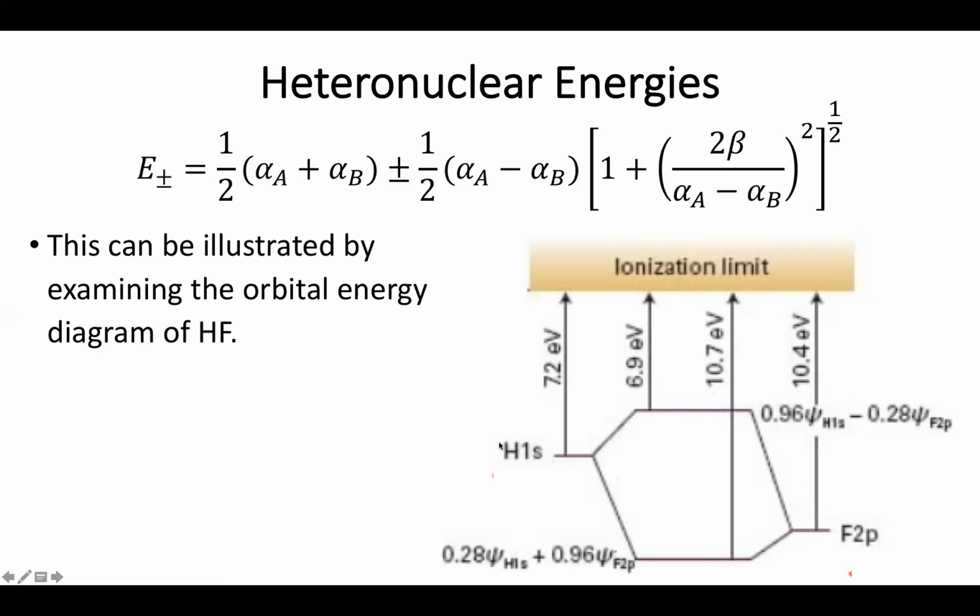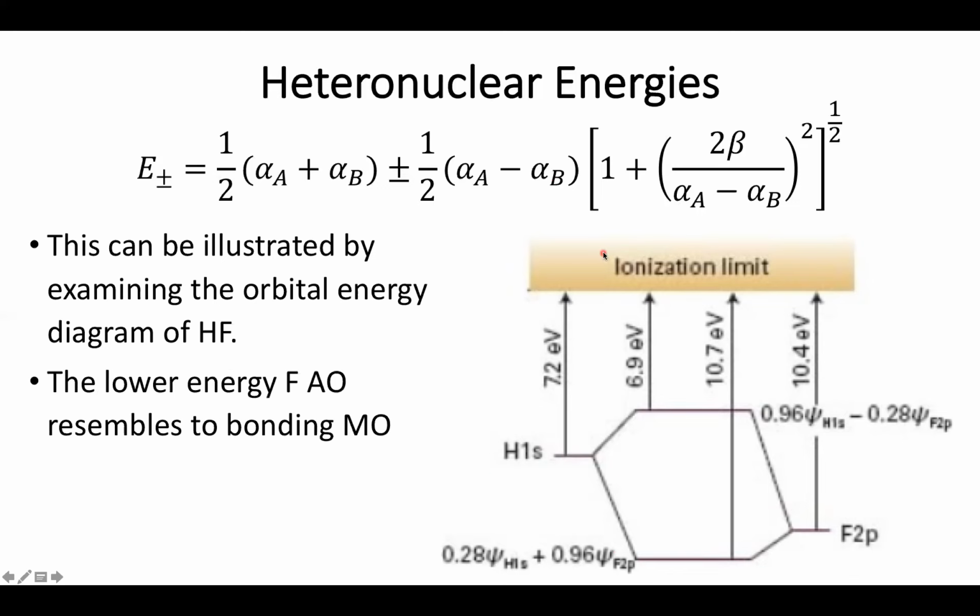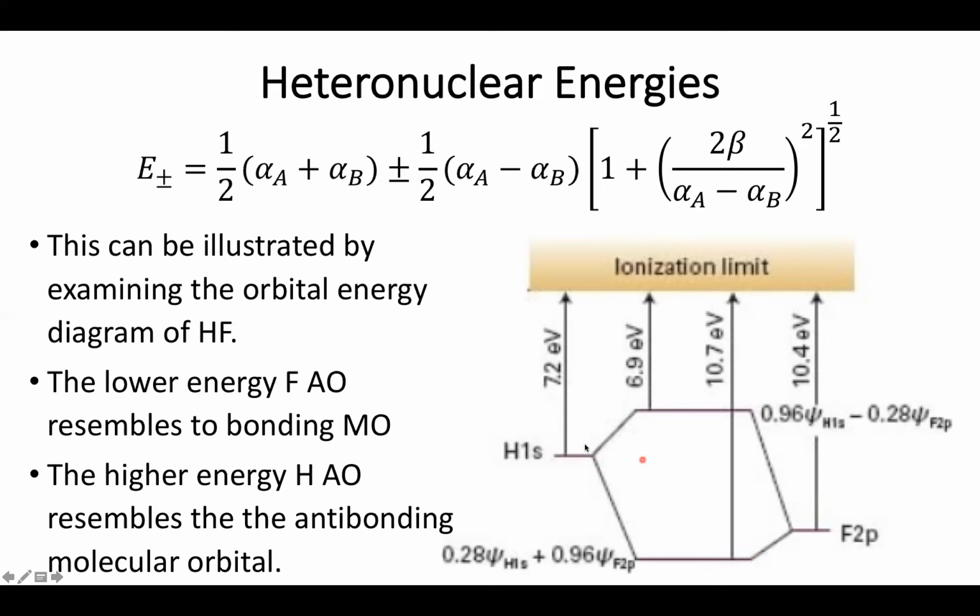And that essentially I take my two atomic orbitals, and then using the resonance integral and the difference between the two orbitals, I'll push my two MOs equally up and down from the starting. And again, our energies are all set with regards to this whole ionization limit to have a standard reference value. So again, our fluorine atomic orbital is going to greatly resemble our bonding MO, and our higher energy hydrogen atomic orbital is going to look a lot more like the anti-bonding MO.